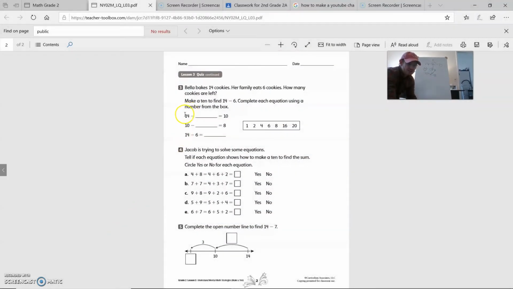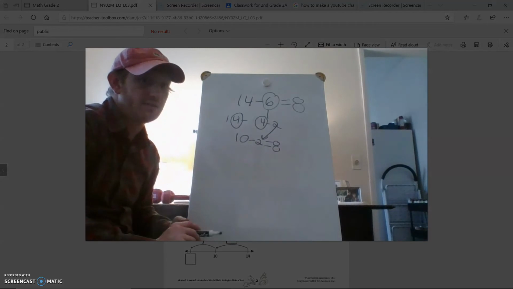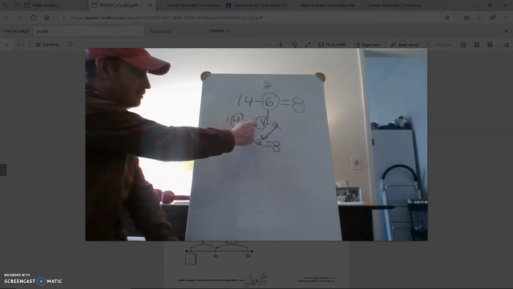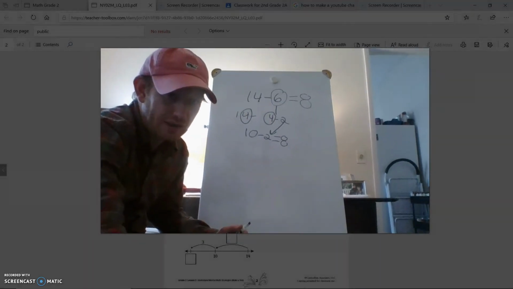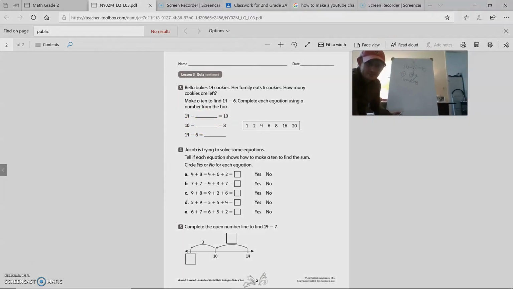Now let's see if our numbers lined up. So we had 14 minus something is 10. Well, let's look. We have 14 minus 4 is 10. So good. We have to find 4. And it's right there. So 4 would go in your first box. Then 10 minus something is 8.